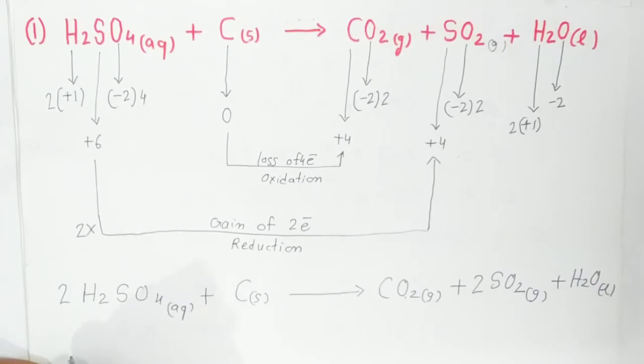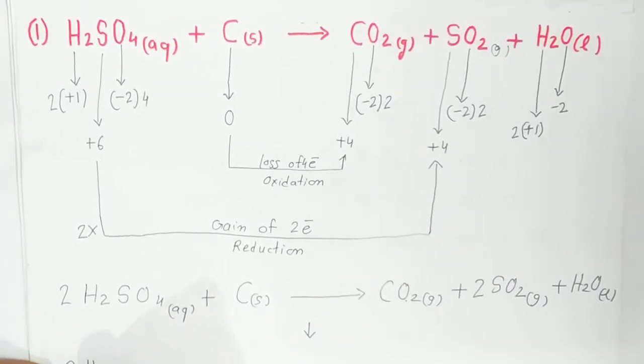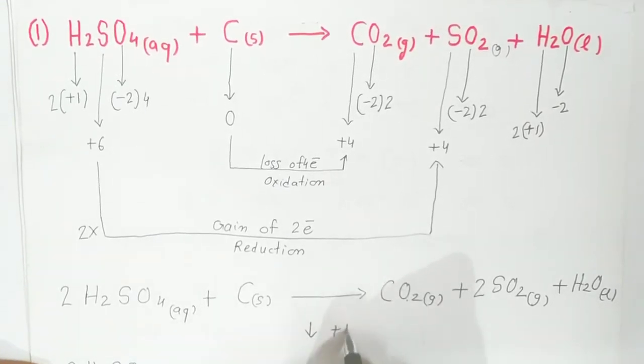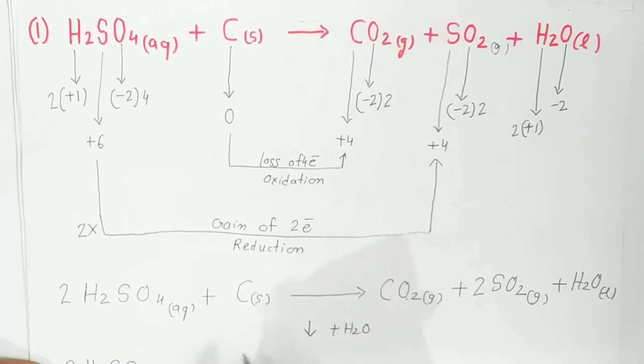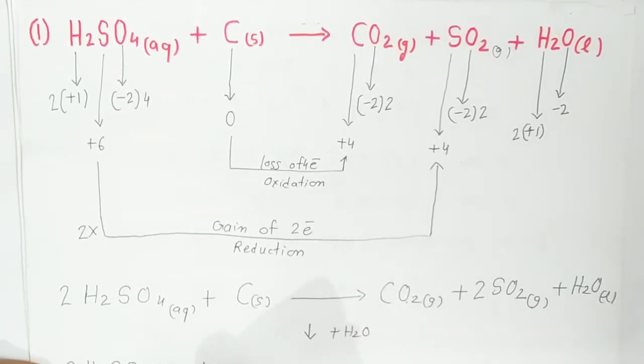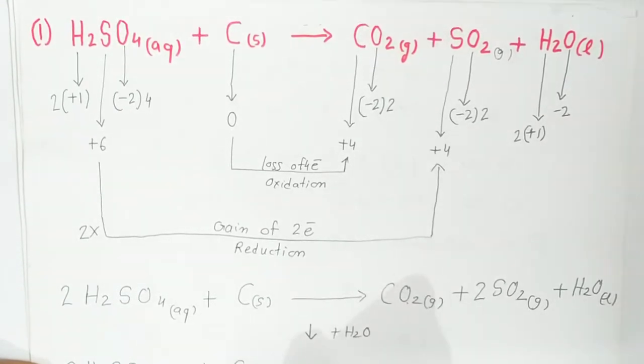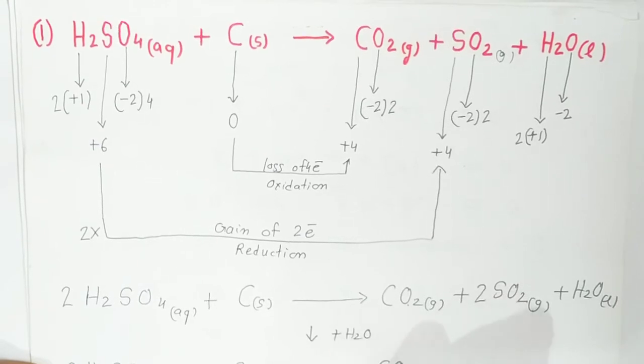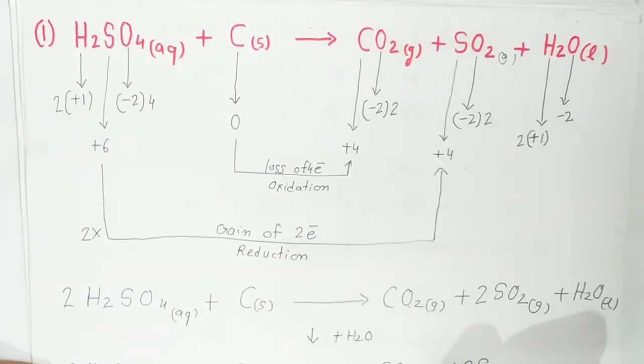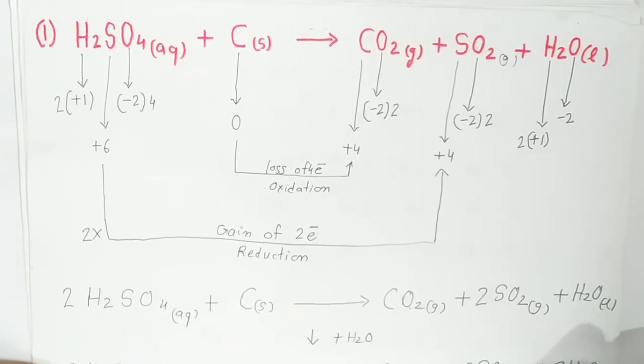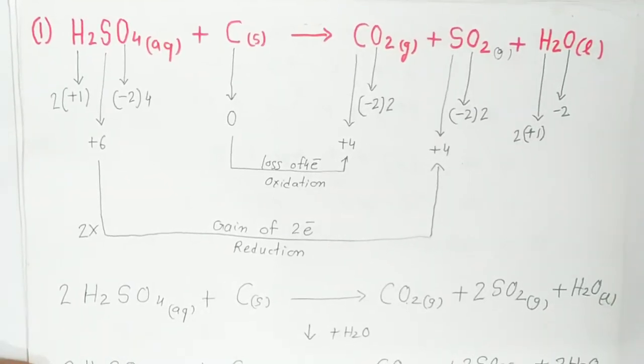So your balanced equation becomes 2 H2SO4 aqueous plus carbon gives CO2 gas, 2 sulfur dioxide gas and 2 molecules of water. This way we can balance the redox reaction.